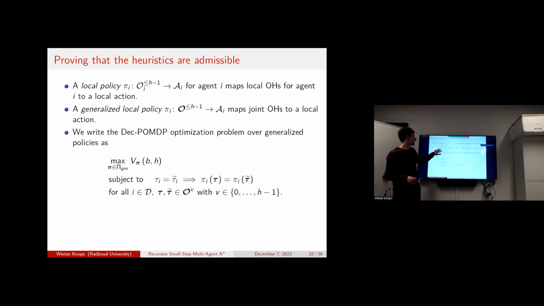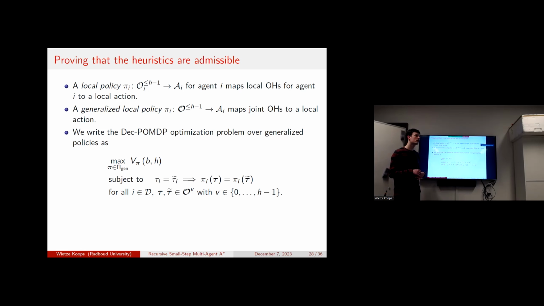And like we said, to model an upper bound for this problem, we can use a generalized policy, which maps joint observation histories to local actions. Then we can write the Dec-POMDP optimization problem as a constraint optimization problem over a generalized policy. Here, pi-gen denotes the set of all generalized local policies.